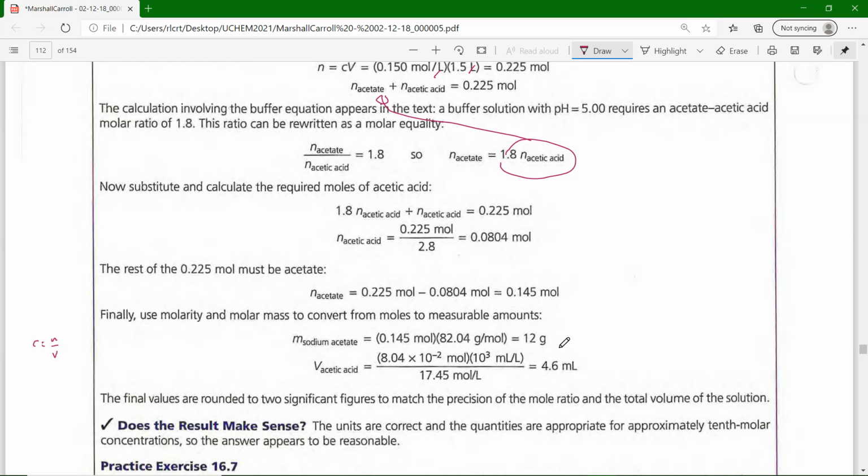So to prepare the buffer, according to the conditions asked, you have to spoon in 12 grams of sodium acetate and pour in 4.6 mL of acetic acid, then top it off to 150 mL. And that's the way you make that buffer.